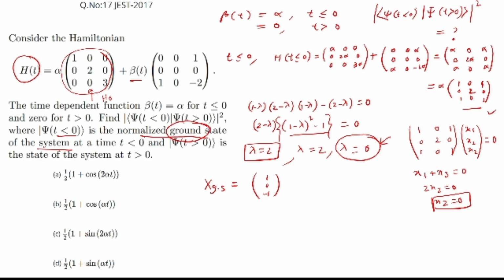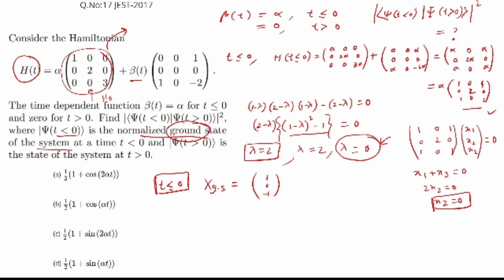Now, this is for t less than or equal to 0. If we want to write the states for t greater than 0, the beta value will be 0, so only this will be the Hamiltonian.